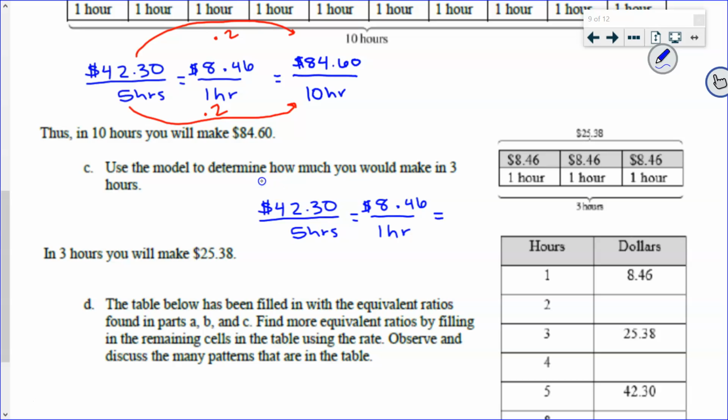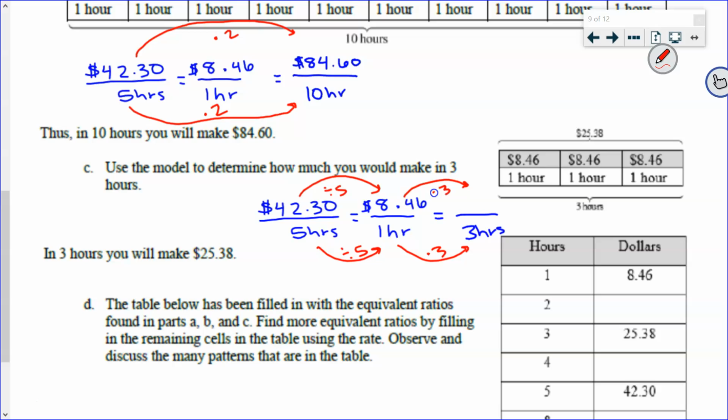The next question says, now let's figure out how much money we're going to make if we work 3 hours. Can you turn a 5 into a 3 very easily? No, not as easily, but it's a good thing we don't have to because we already changed the 5 into a 1, and now we can turn the 1 into a 3. That's why it's so helpful to find the unit rate early on in the beginning, because then we can reuse that unit rate again and again and again.